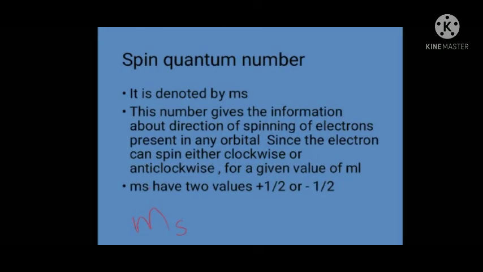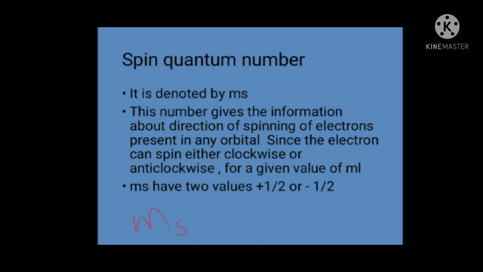Now the last quantum number is known as spin quantum number. And this spin quantum number is denoted by the letter ms. That ms should be subscript. And this spin quantum number gives the information about the direction of spinning of electrons around the nucleus. Already we have studied that electrons are revolving around the nucleus, isn't it?